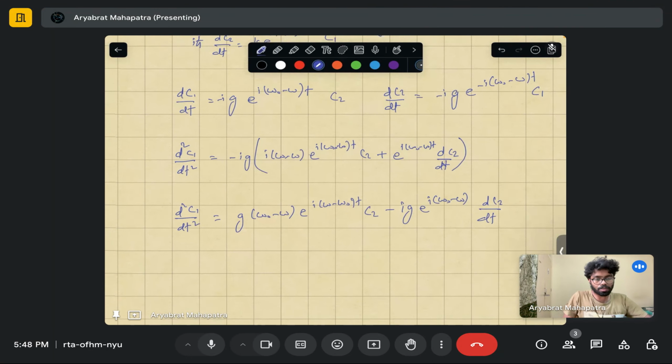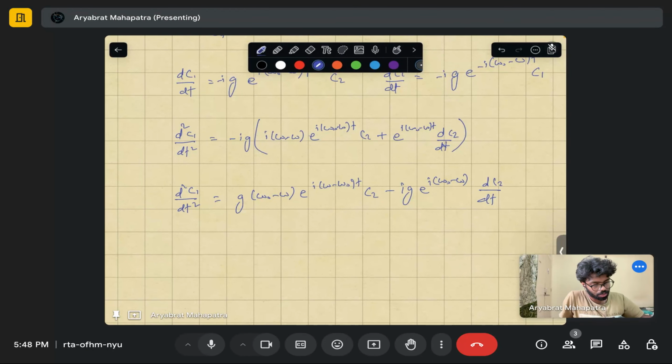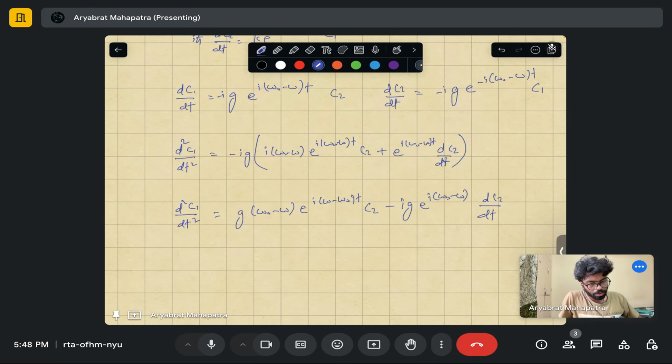Now we have to convert this d square c1 dt square differential equation only in terms of c1 variables. You can see c2 is hanging around here in this second order differential equation of c1.